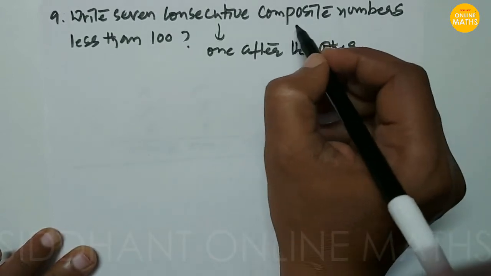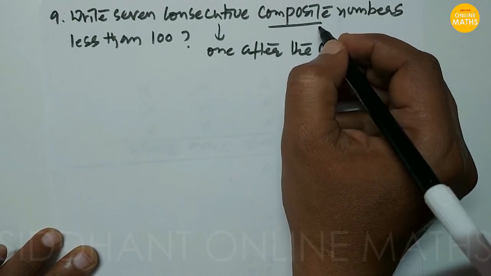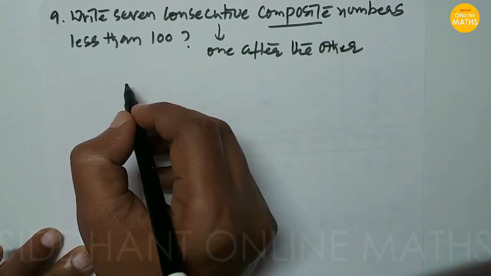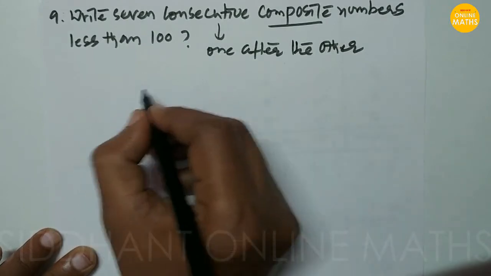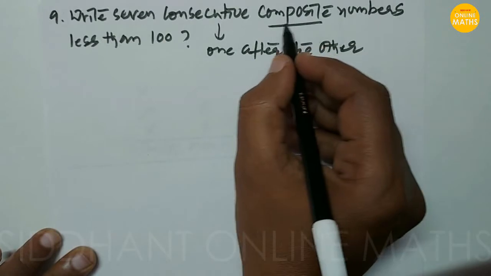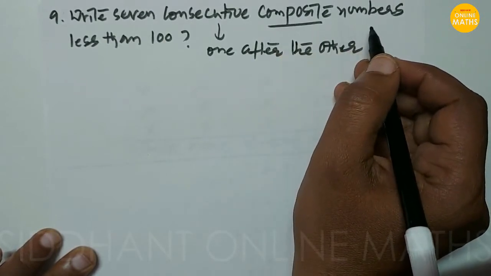Composite numbers, as we have studied, means numbers having more than two factors. So when you select any seven numbers, there should not be any prime number. They are asking for continuous, successive composite numbers.